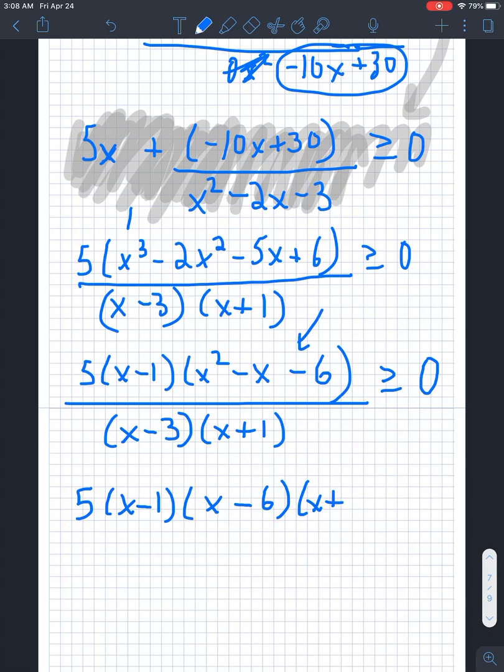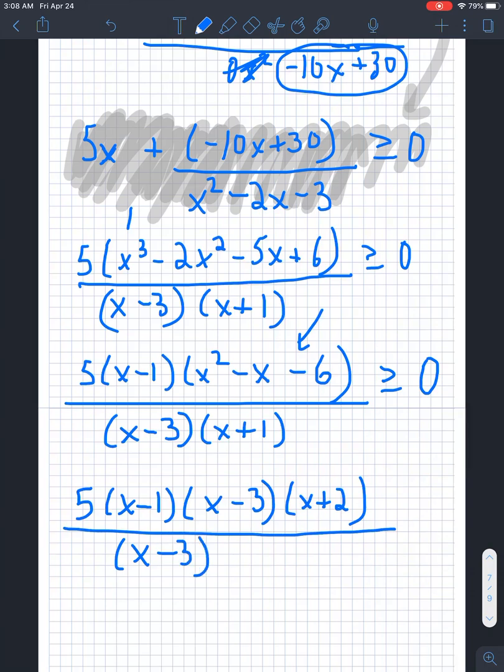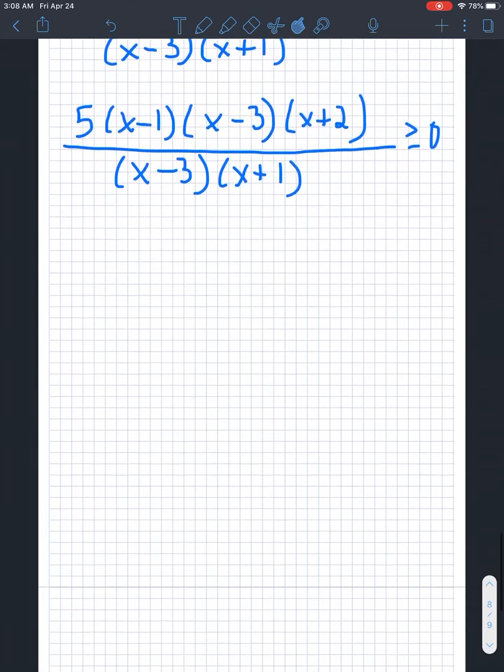That feels very, very wrong. It's (x minus 3)(x plus 2). So 5(x minus 1)(x plus 2) over (x minus 3)(x plus 1), greater or equal to 0. And look at that. We have ourselves a rational that we can graph.